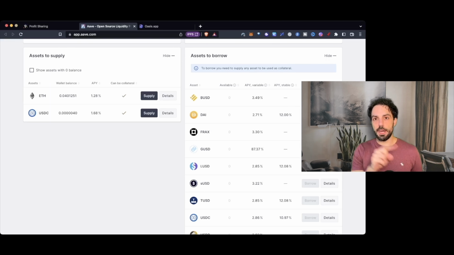And automatically, if for any reason what you have left as a guarantee goes below the threshold and the loan becomes too dangerous, the system will simply liquidate your position, sell your Ethereum, give you back what is left, and repay the debt. So that's how it works.